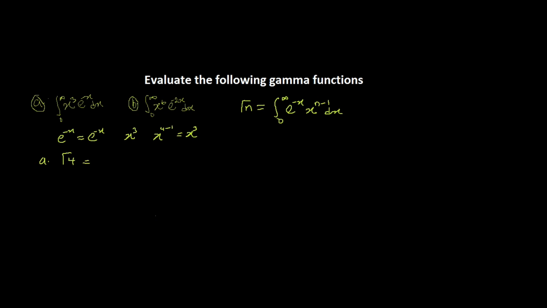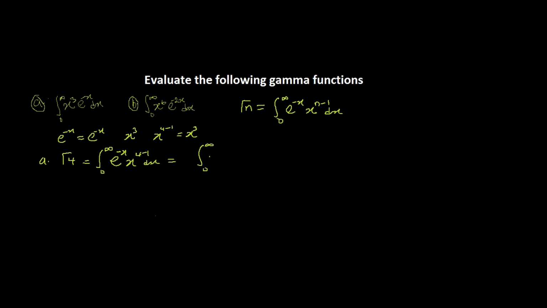Now let's look at the expression for gamma 4. This is going to be the integral from 0 to infinity of exponential minus x raised to the power of n, now 4 minus 1, dx. Either way you could write this x first or this exponential first.